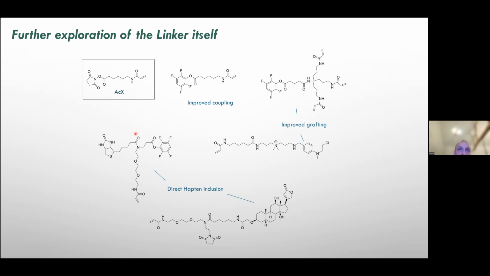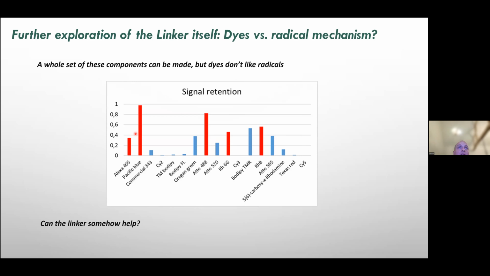So these are simple linkers, and we sought to extend them into something which can help in the dye stabilization, because actually dye stabilization is very relevant to expansion microscopy, because dyes don't really like radicals. And this is a figure showing how dyes degrade over the process. You can see that a few survive the process, but other dyes like Cy5 are totally killed.